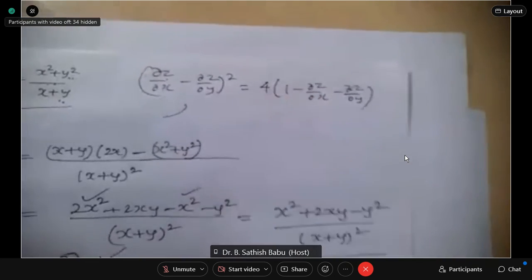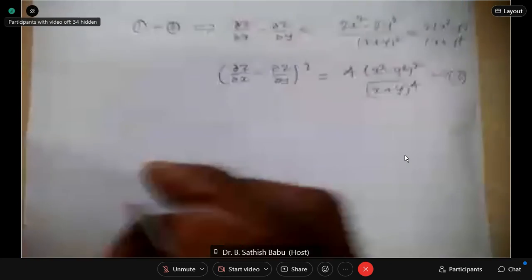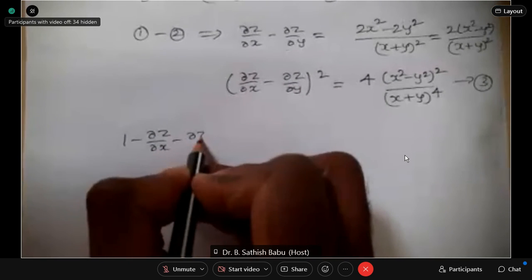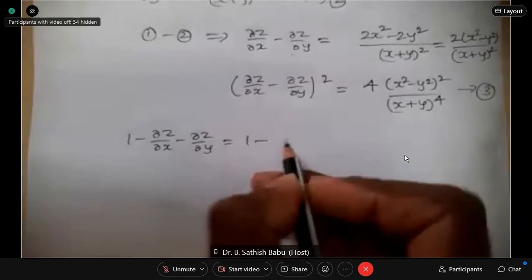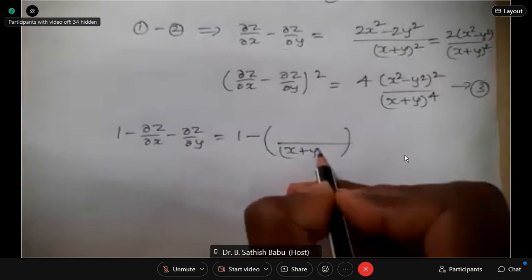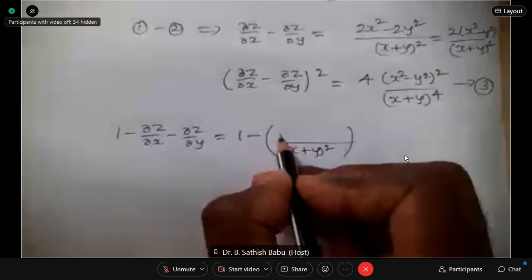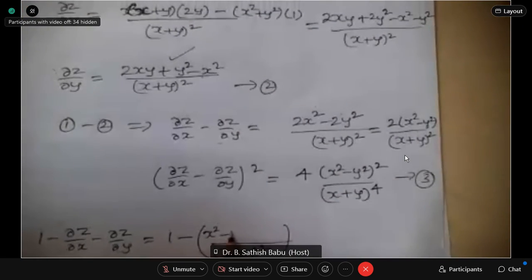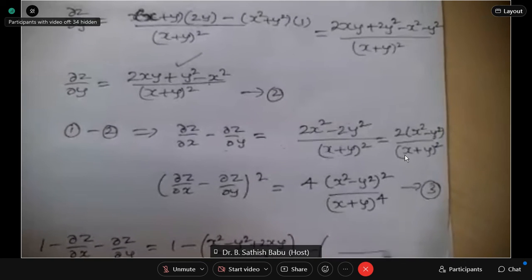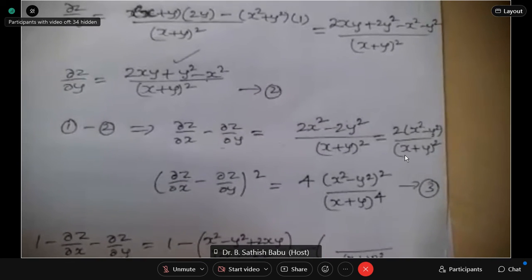Firstly, I will take 1 minus dou z by dou x minus dou z by dou y. This 1 is x plus y the whole square in the denominator, and this dou z by dou x is nothing but x square minus y square plus 2xy, minus x plus y the whole square.